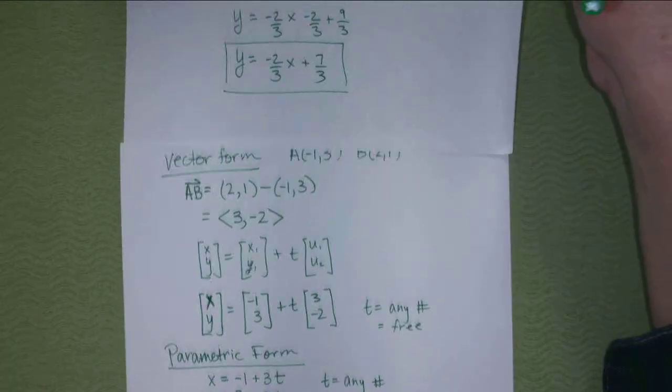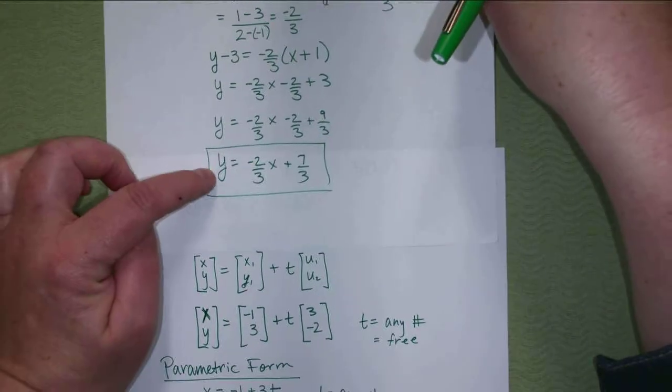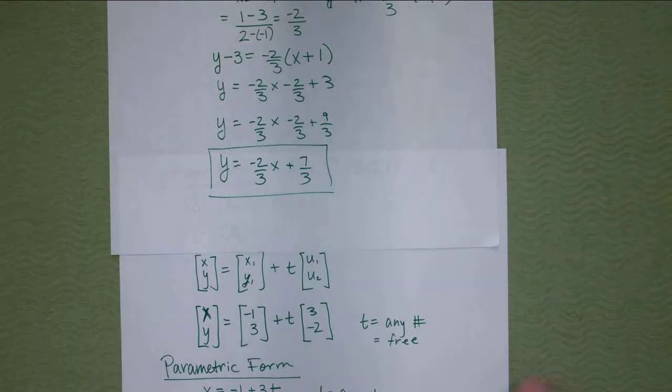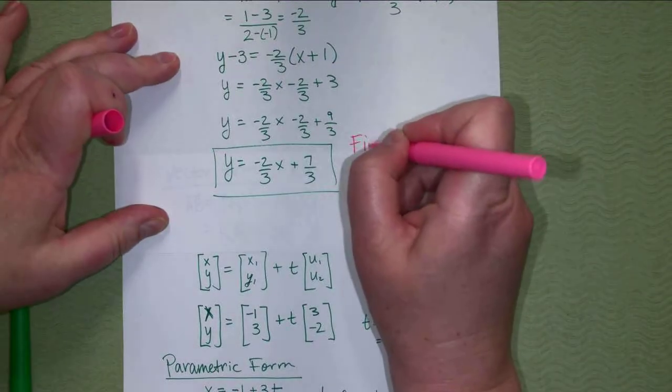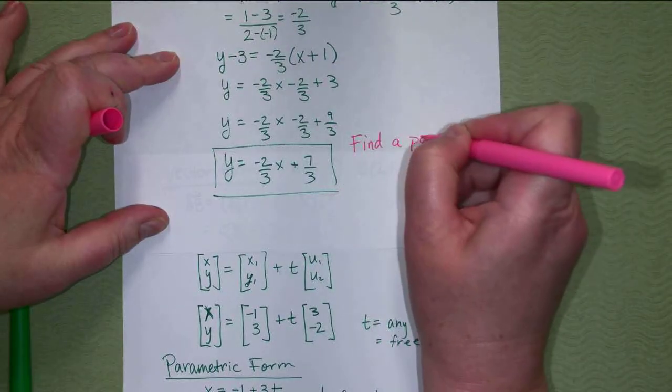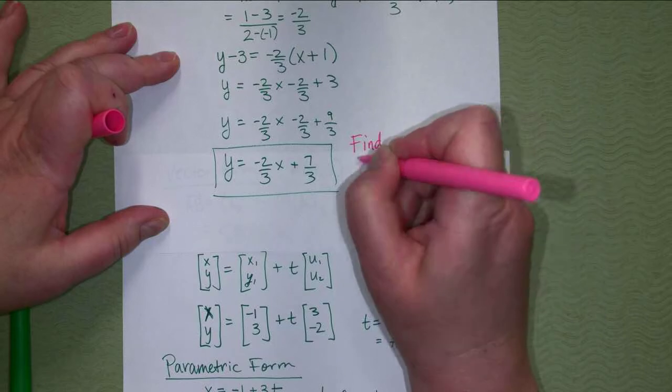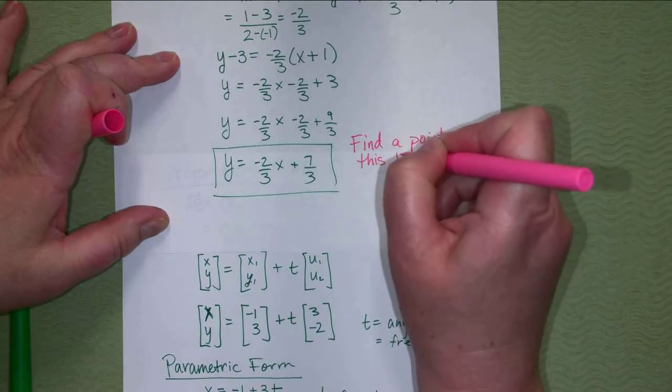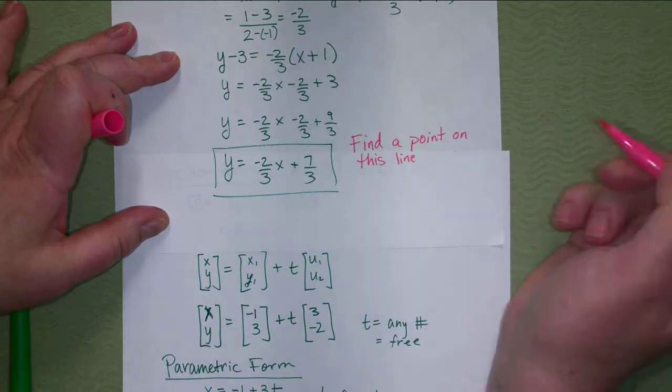Now, up here, say we have this equation of a line. Suppose we want to find another point on the line. How do we do that if we're given the equation? Not a point we already know, but say we wanted another point.